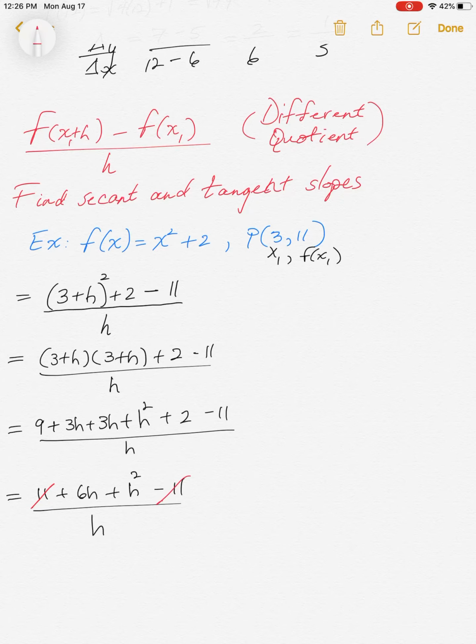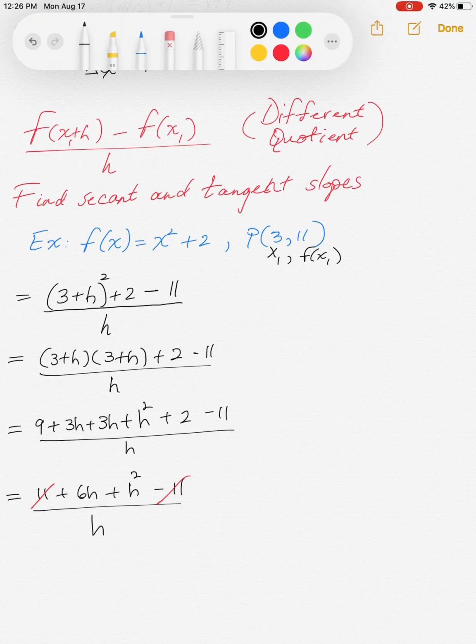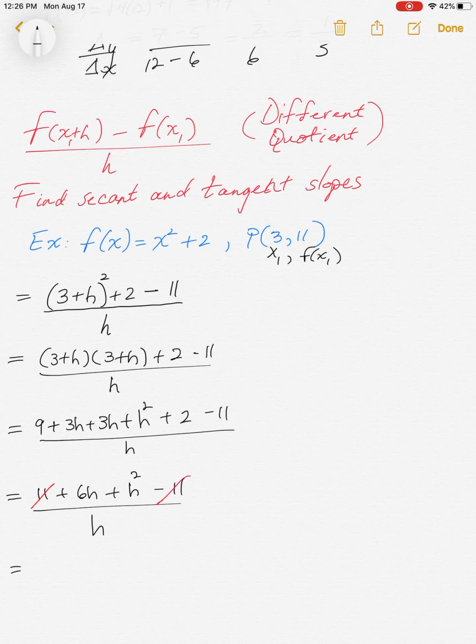And the things that remain should be only those things that contain an h. 6h plus h squared over h. After simplification, we have 6 plus h. Because h goes into 6h, that will reduce, that would be 1. 1 times 6 is 6, and then the other is a reduction of power.